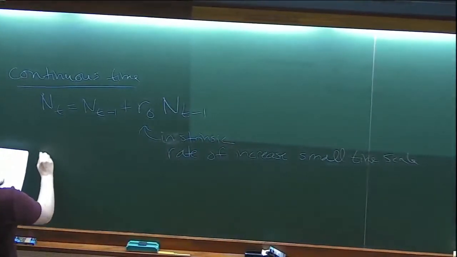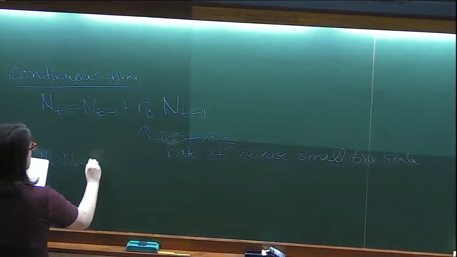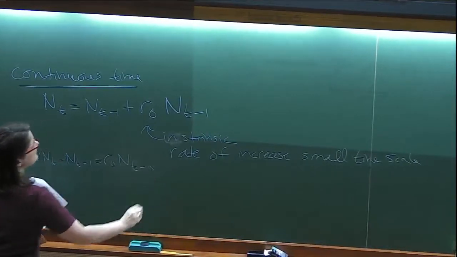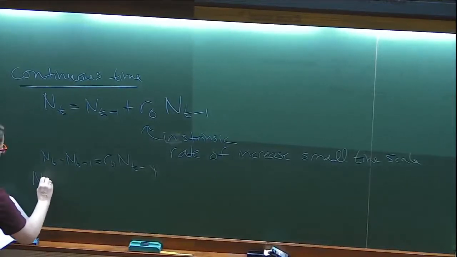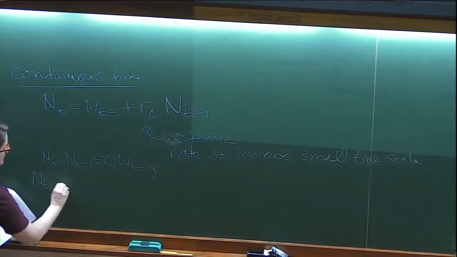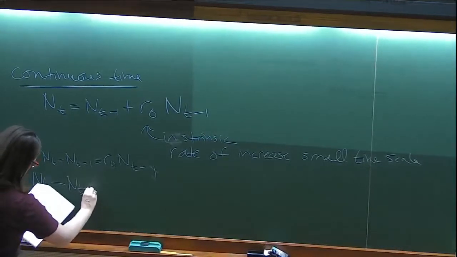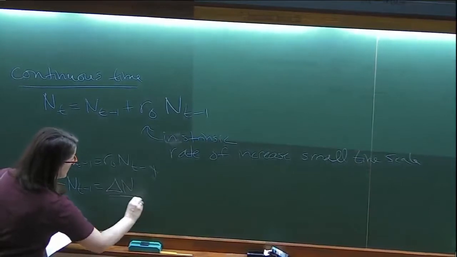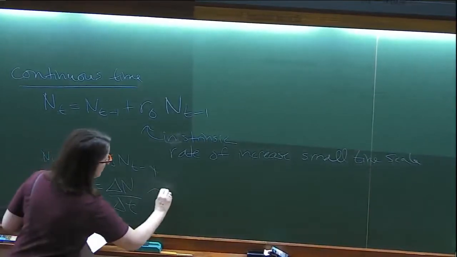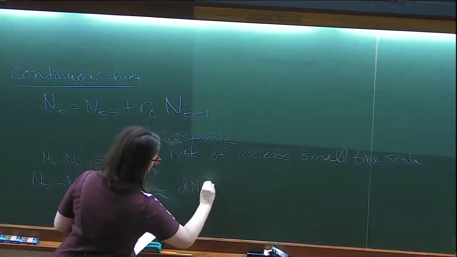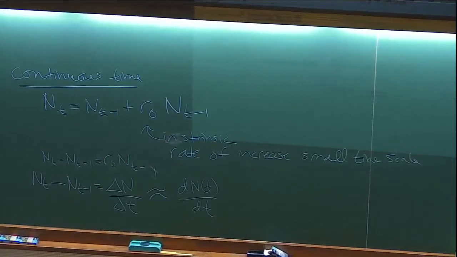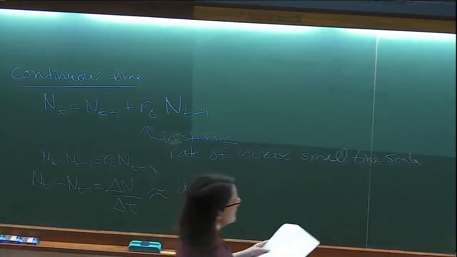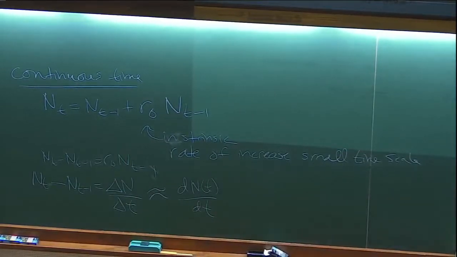So if I rewrite this like this, and then prove to you that I'm not really a mathematician by saying, I'm going to let the difference between n at t and n at t minus 1 be delta n over delta t. And I'm going to say, that's approximately dn/dt. What I did is I sort of just jumped between discrete time to continuous time by taking very small little time steps. That leads me to a differential equation.